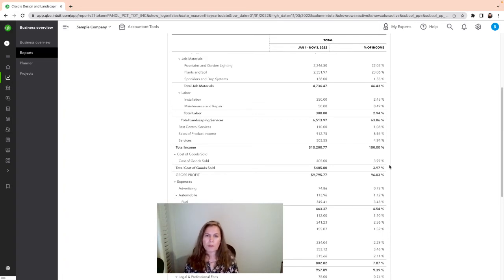What's the difference? A lot of my clients ask, what's the difference between cost of goods sold and job supplies? Cost of goods sold is the cost of you providing your service.